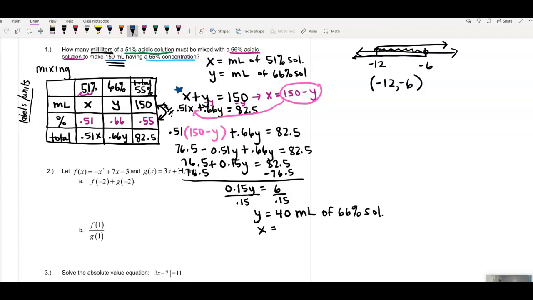So really you're just doing 150 minus 40. Or some people just put that y back in there: x plus 40 equals 150. So we subtract that 40 over to figure out what x is. Right, so we get 110 milliliters of the 51% solution.